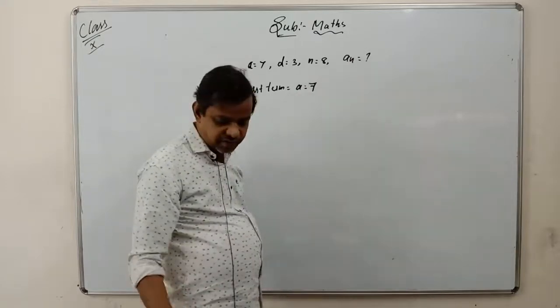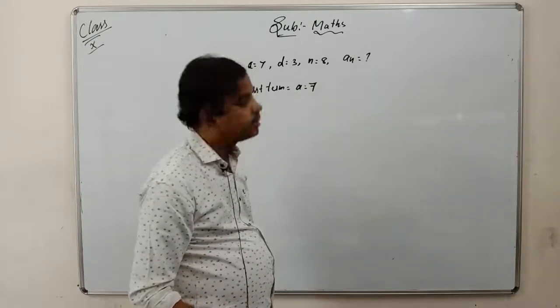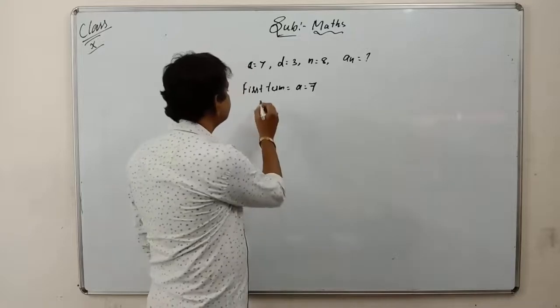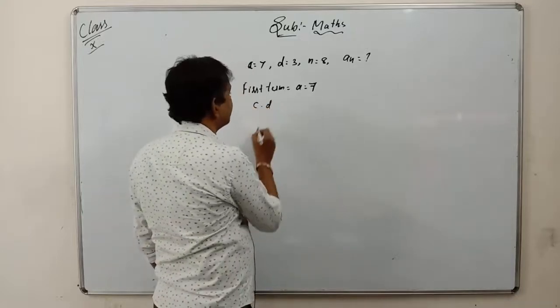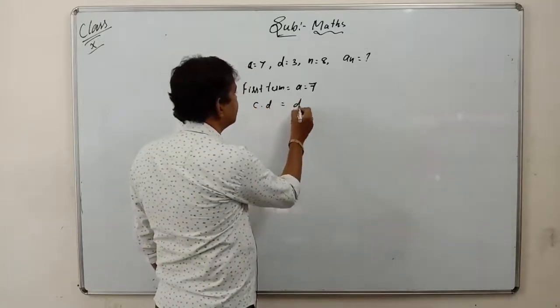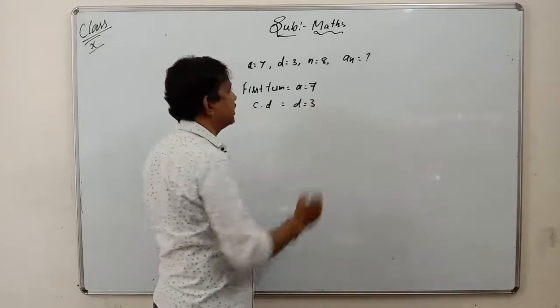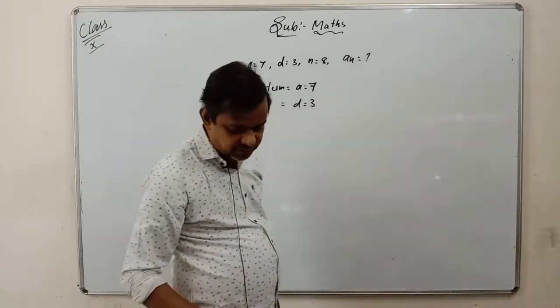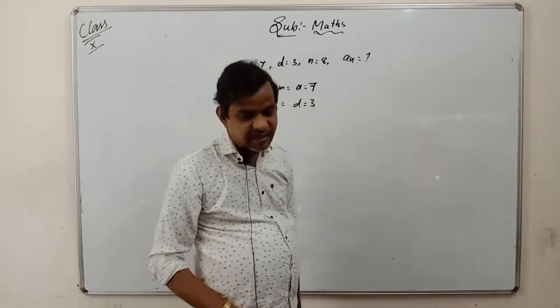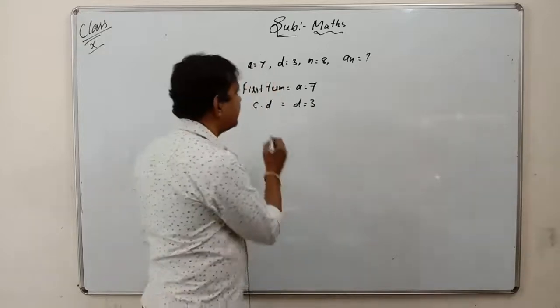A equals 7 he has given, and the common difference, that is D equals 3, and the number of terms N equals 8.